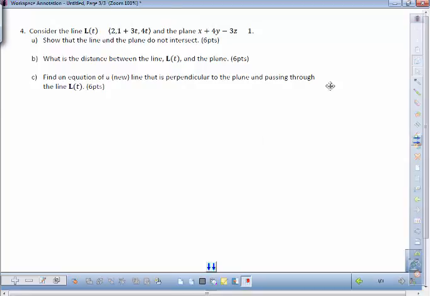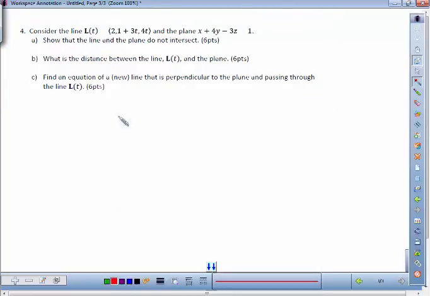So we need to pull out our directional vector here. 2, 1, 0 plus t times 0, 3, 4. And I hope you guys know how I got that. If you just look at the constants and the coefficients of t, it's like taking this vector apart.